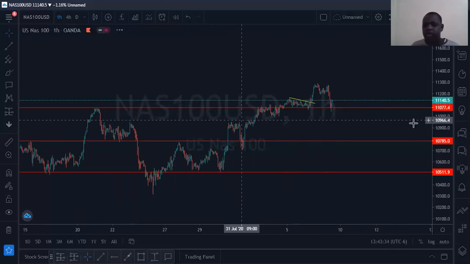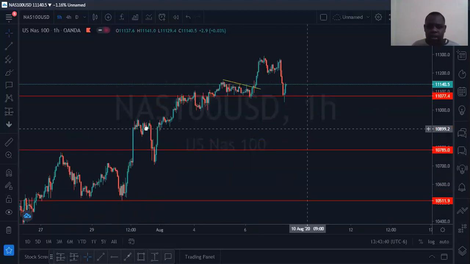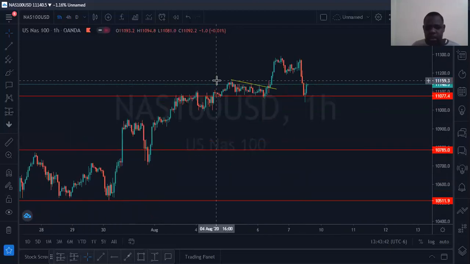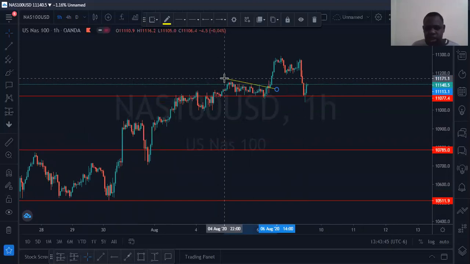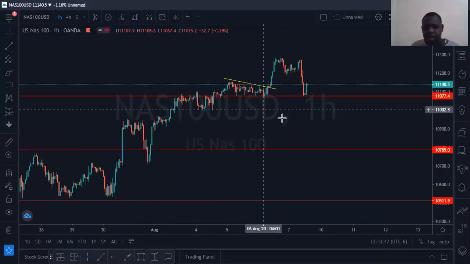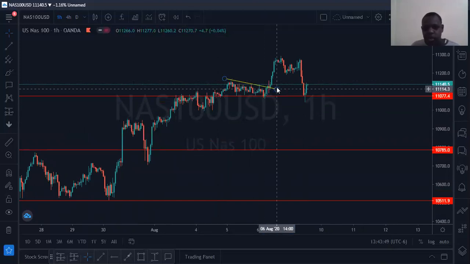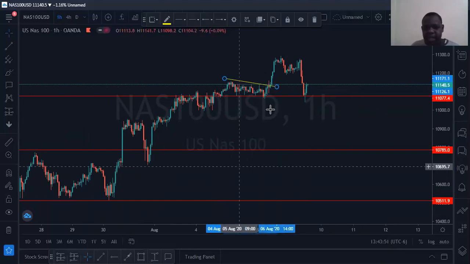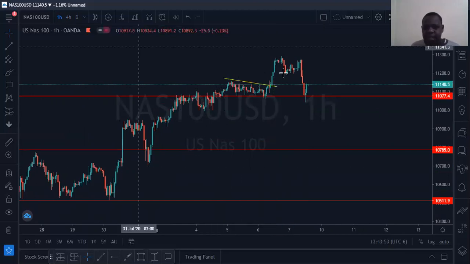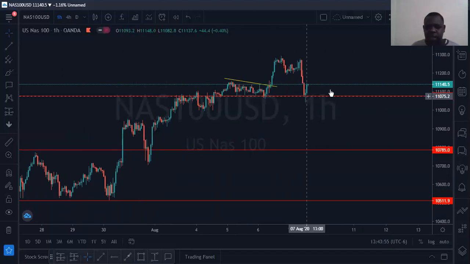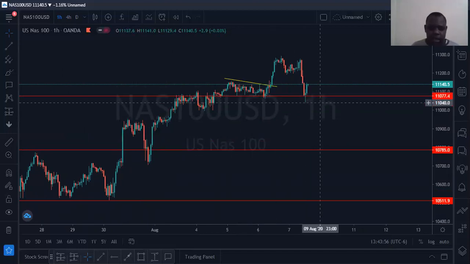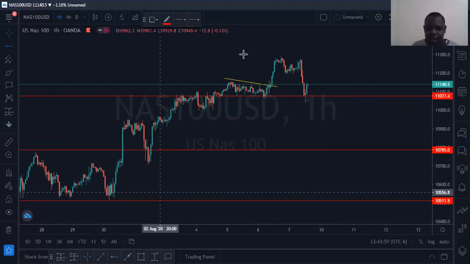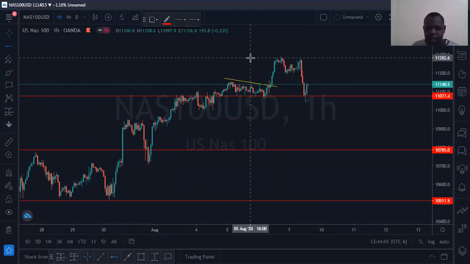As we go to H1, I want you to see clearly the rejection we see here, which was a confirmation of the breakout to take a buy trade. So we made this buy trade, but again it came down to this point, and we're looking at this point as another higher high that created a W formation over here.